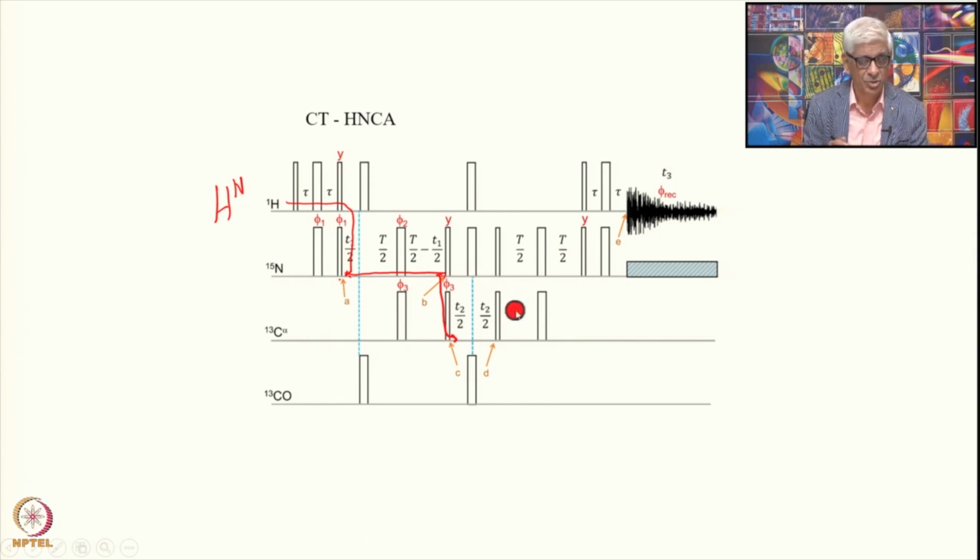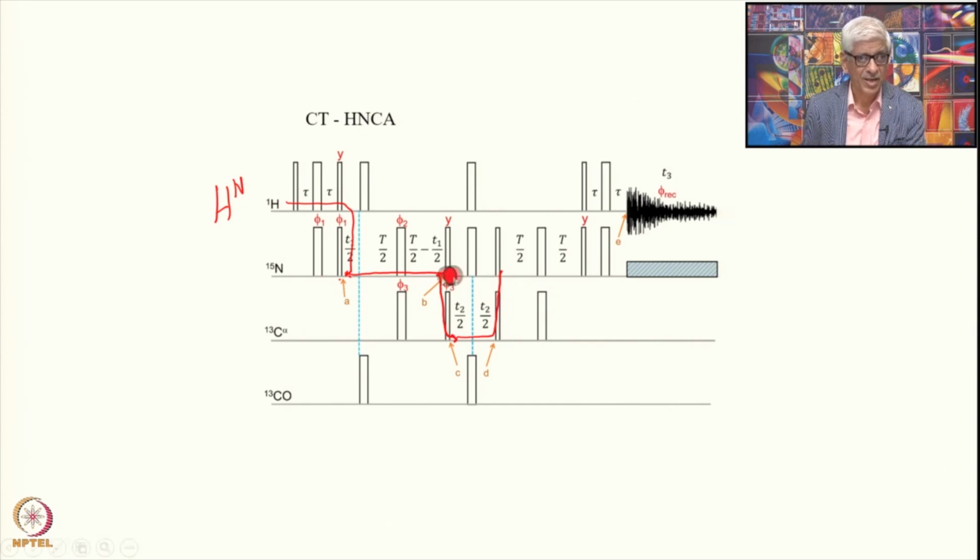Okay, during that evolution that particular frequency is getting labeled. So therefore during the T2 period I have this C alpha getting labeled. In the T1 period N15 is getting labeled, and during the T2 period C alpha is getting labeled. Now from here it flows here, and then it goes to nitrogen again, and during the nitrogen there is no labeling here.